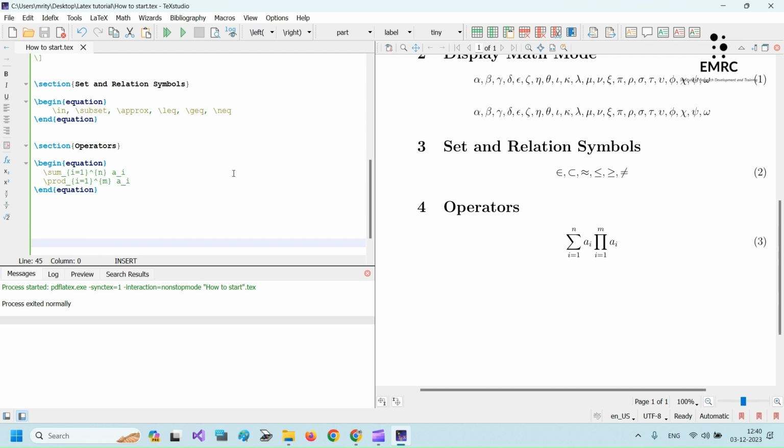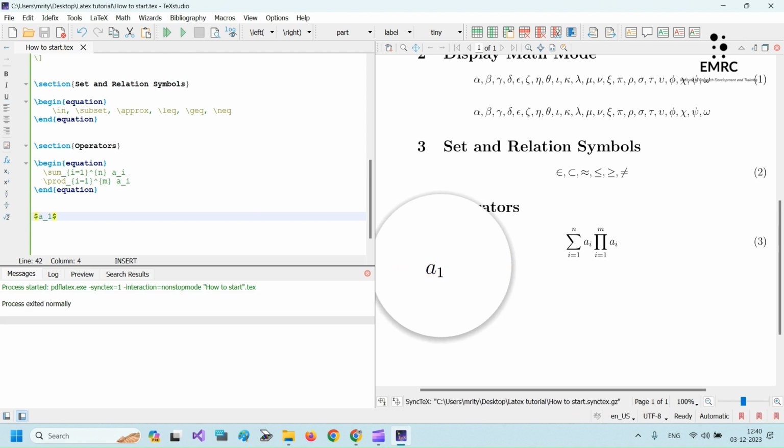So here you have seen that I have written a_i, right? So you can write it like, suppose in inline mode you write a dollar, say a underscore 1. Compile it. You can see a1 is written like this.